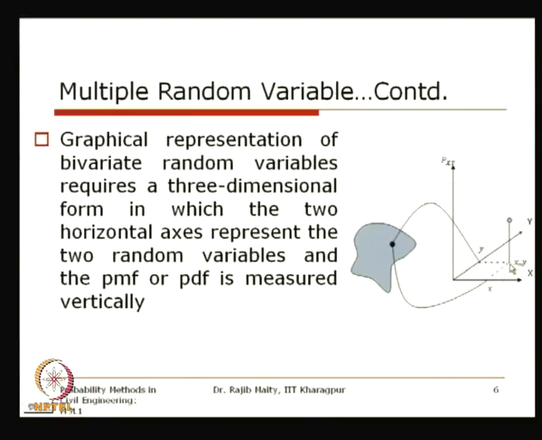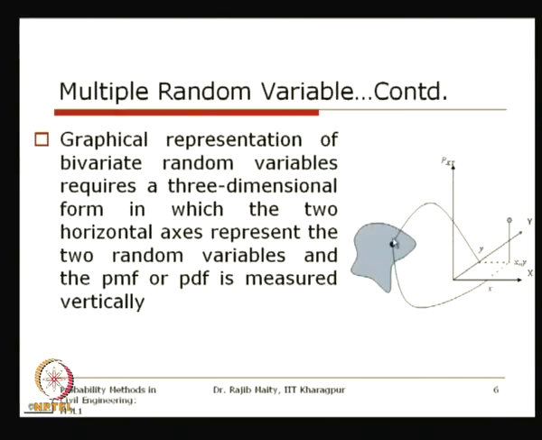Now at this point, the way it is shown is a PMF, that is, probability mass function. So at this point, how much probability is concentrated is explained as the probability mass for the specific outcome shown for the random experiment.